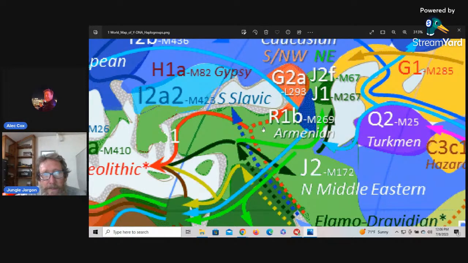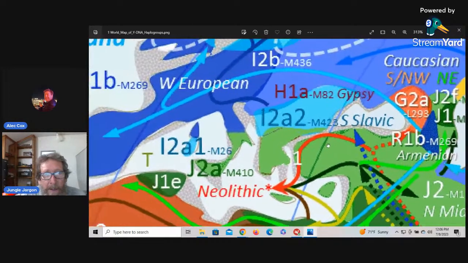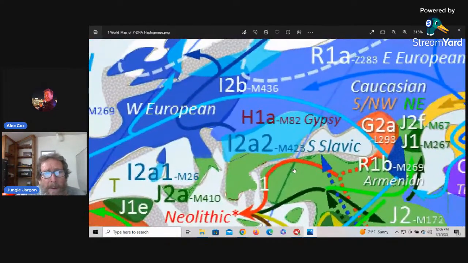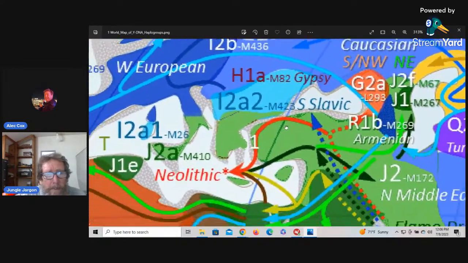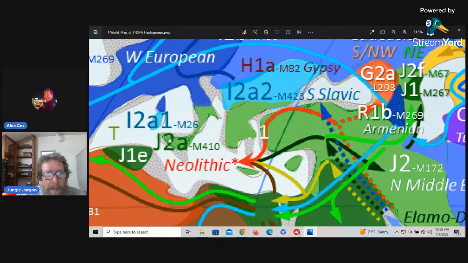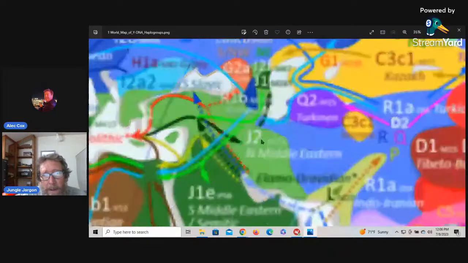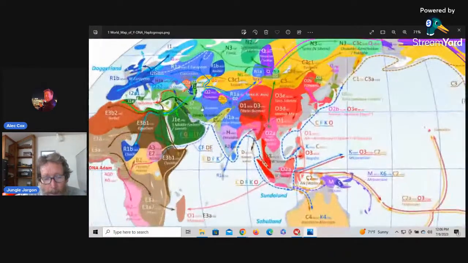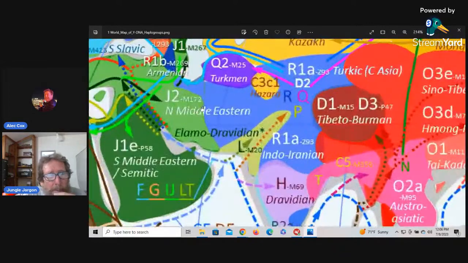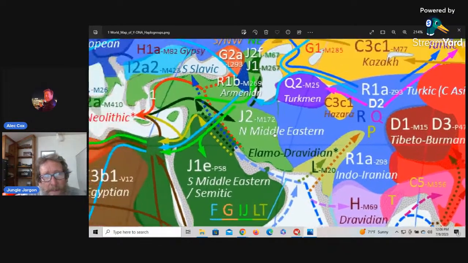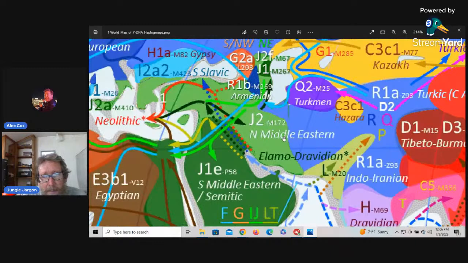They went other places too, of course, like Italy, J2. And from Italy almost all the way to Pakistan, this area of Persia, the largest haplogroup in those populations is J2.